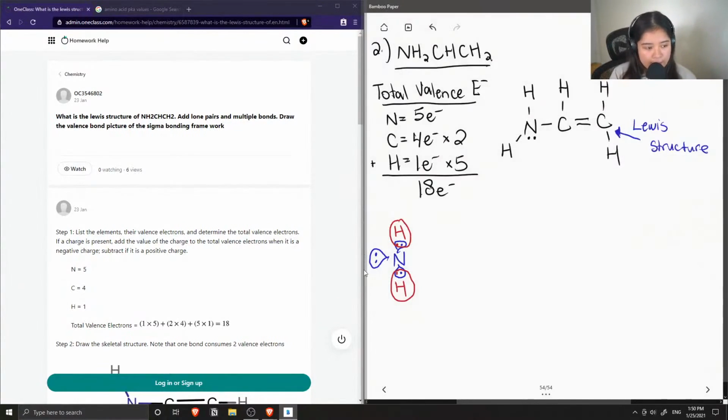And notice that the bonds that are formed between nitrogen and hydrogen are sigma bonds, and we can see that it has head-on overlap.